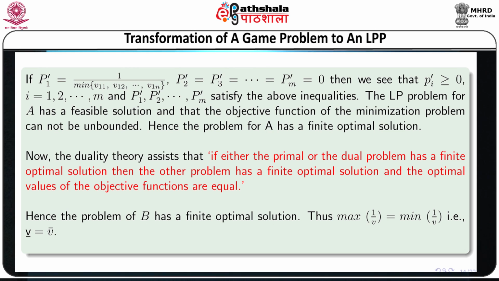Now, the duality theory asserts that if either the primal or the dual problem has a finite optimal solution, then the other problem has a finite optimal solution and the optimal values of the objective functions will be equal. Hence, the problem B has a finite optimal solution, as we have already proved that the problem for A has a finite optimal solution.